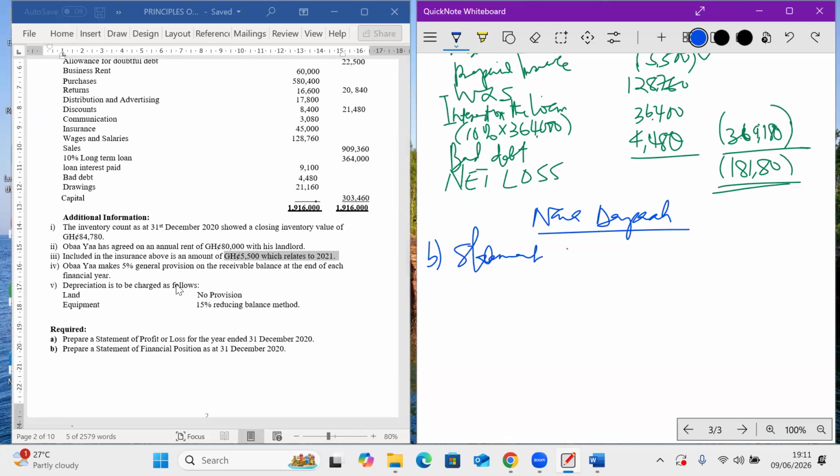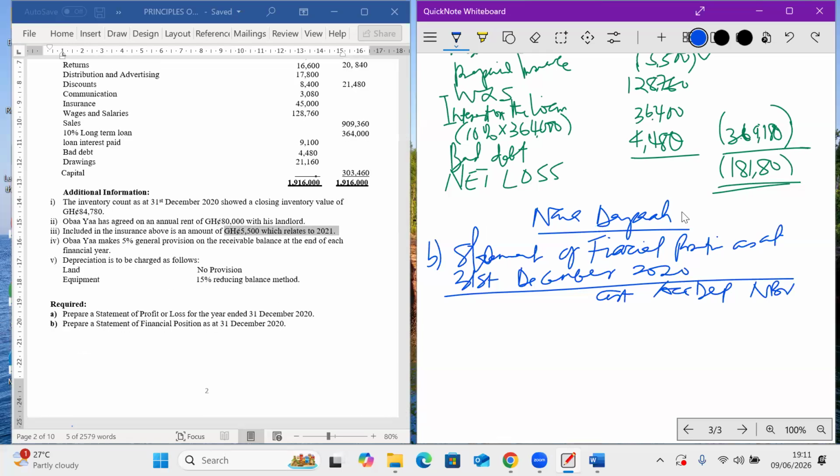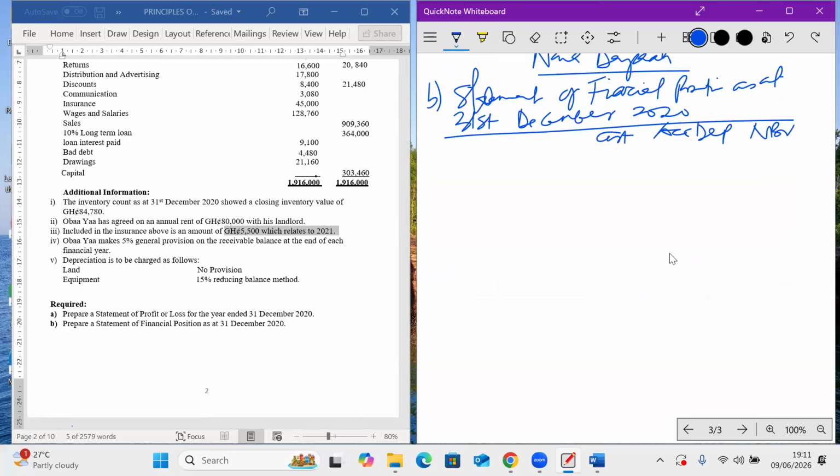So you write statement of financial position as at 31st December 2020. Then here you write cost, accumulated depreciation, then net book value.